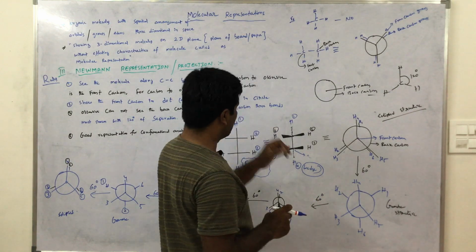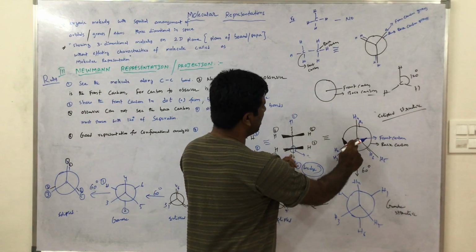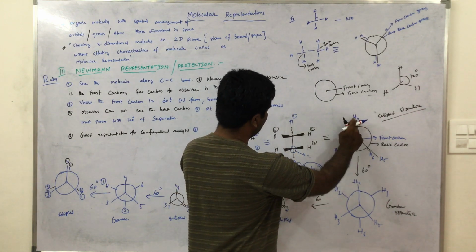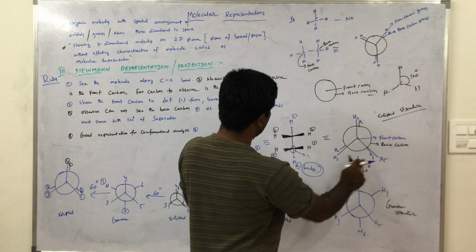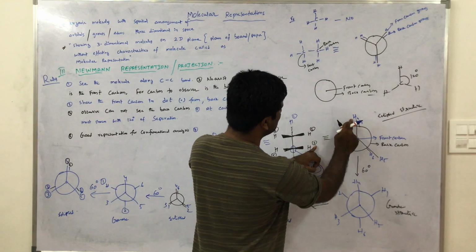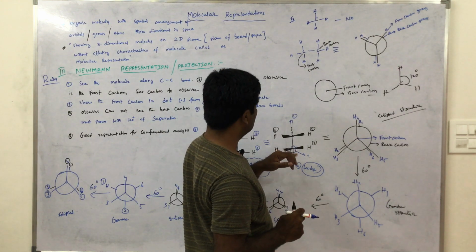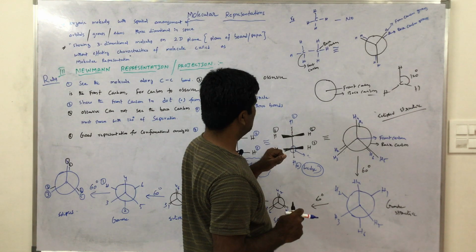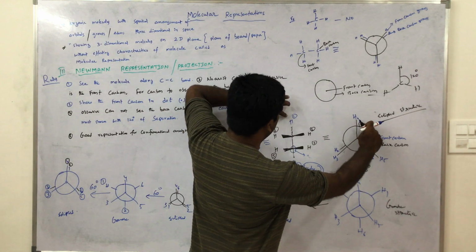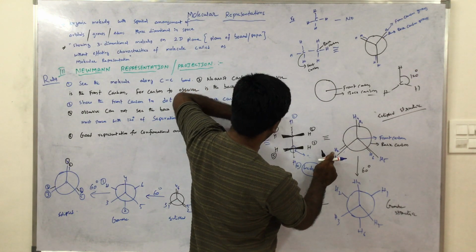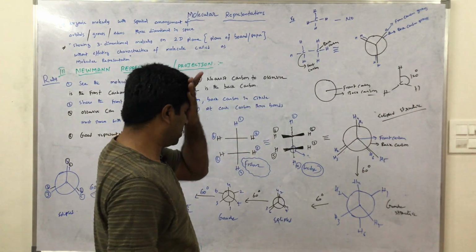Observe carefully. This carbon is the front carbon having H4, then H5 and H3. The back carbon has H1, H2 and H6. Numbering is very important, observe carefully.